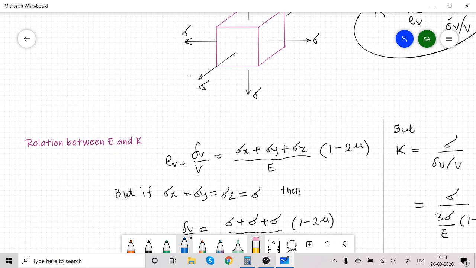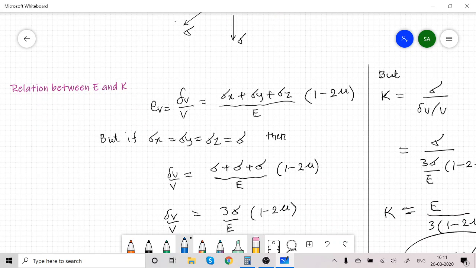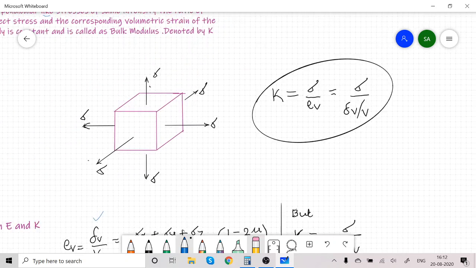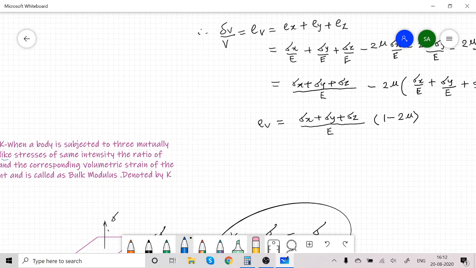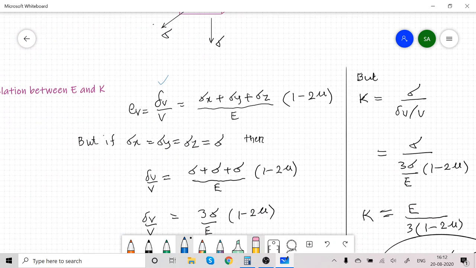Now let us find the relation between E, that is modulus of elasticity, and K. We know that EV, that is volumetric strain, is equal to change in volume divided by original volume, which is equal to, from this equation, sigma x plus sigma y plus sigma z upon E into bracket 1 minus 2 mu.